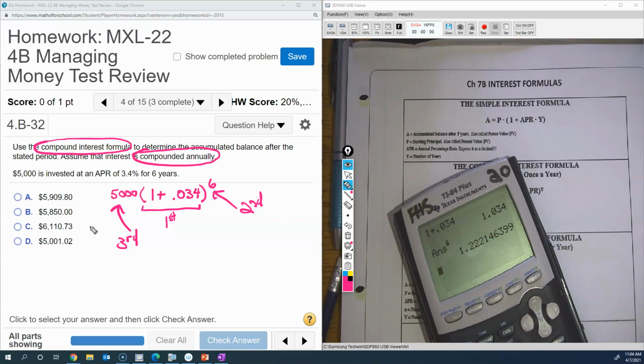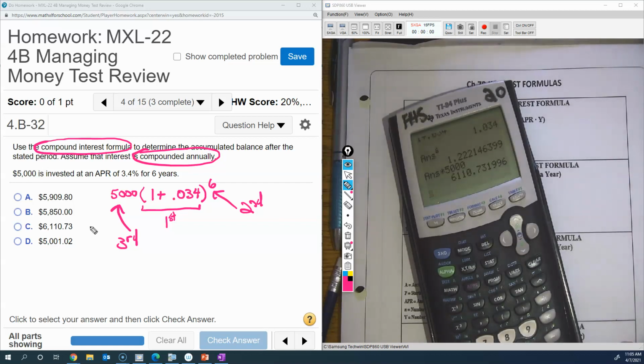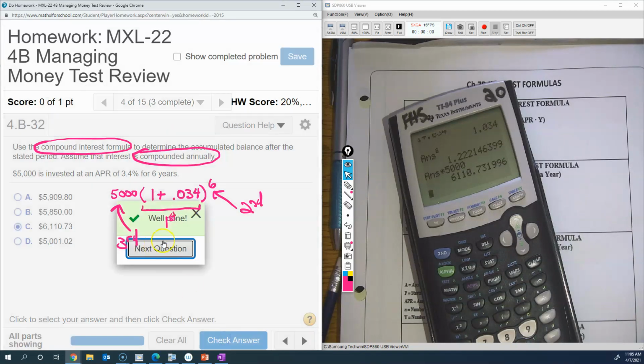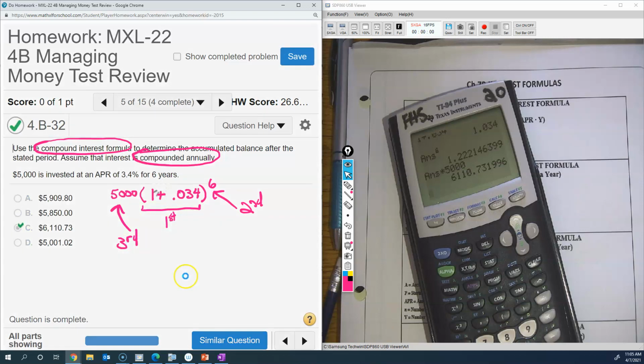After each one, enter, times 5,000, and enter. And there's my answer.